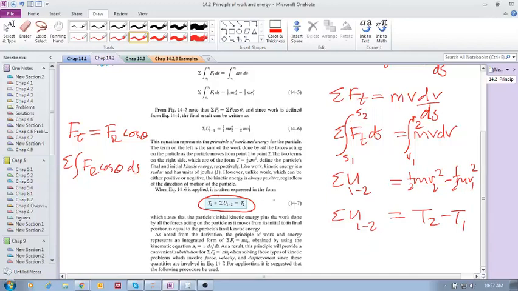Now just to remind you, this is very helpful when we are solving problems including force, velocity and displacement. That's what they're saying over here. Say you were given a problem that only had force and acceleration information.